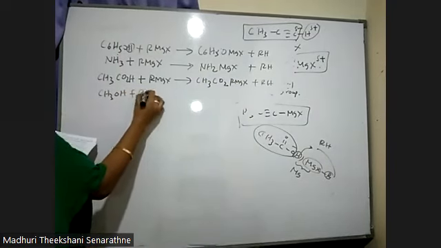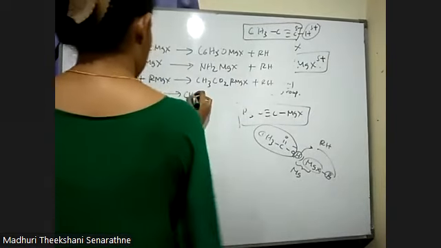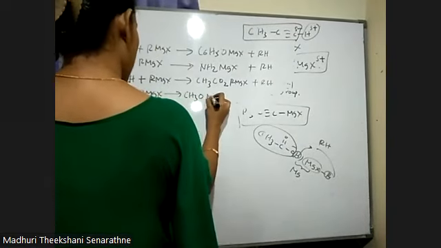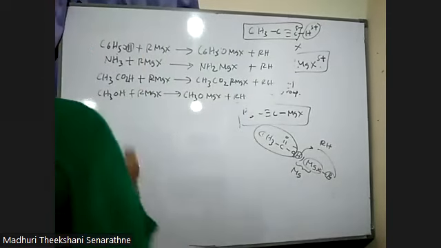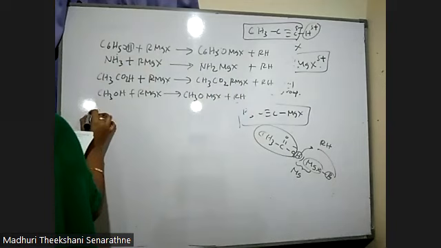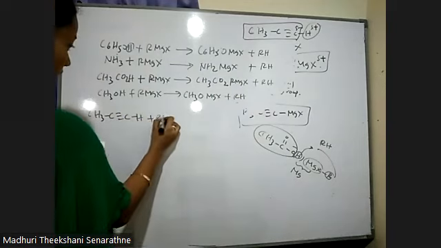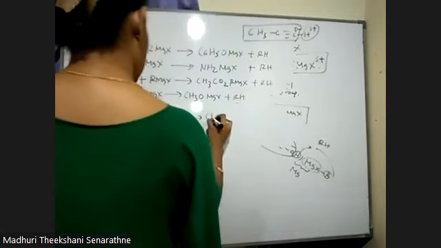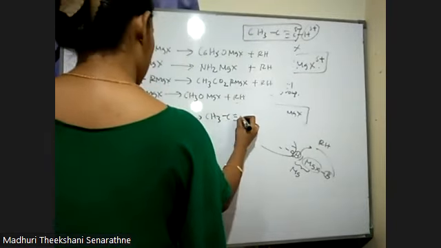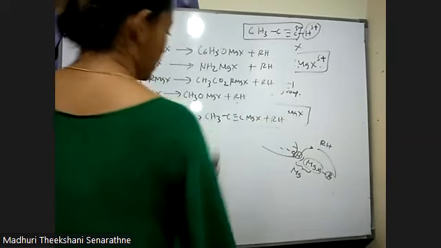CH3OH plus RMgX gives CH3OMgX plus RH. And our answer: CH3C≡CH plus RMgX gives CH3C≡CMgX plus RH. This is the answer.